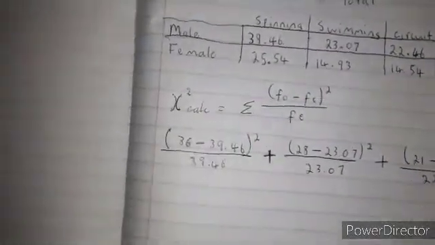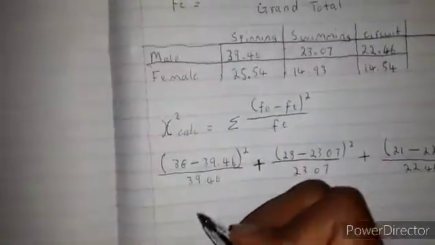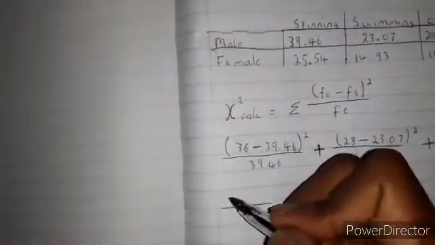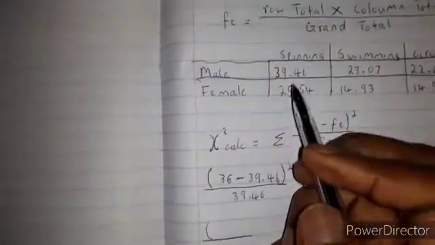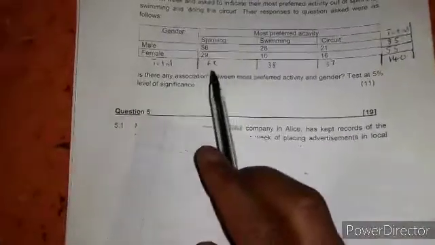we are on the next row, the following row, which is the female row. What is the observed frequency of spinning on the female row?